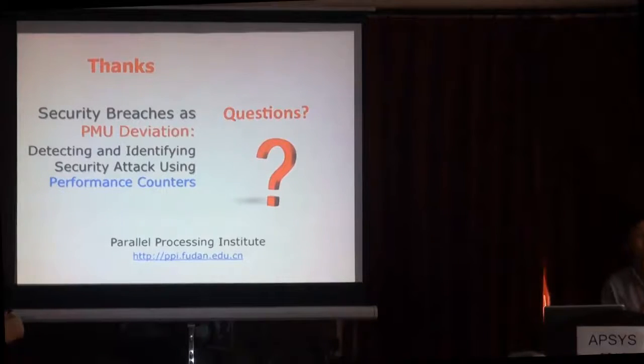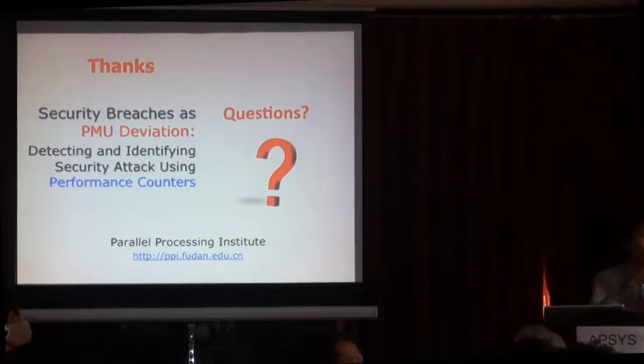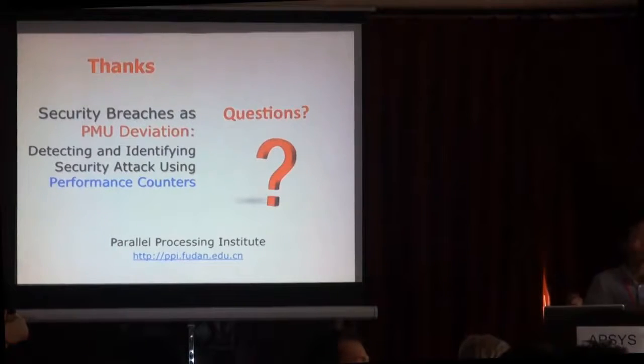I noticed you use BTS to store the return address. But my question is, if the return address is dynamic, how did you judge whether this code belongs to malware or others? So your question is, since some return addresses are actually dynamic, how could our system get the samples for this?